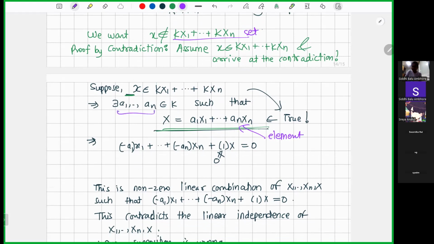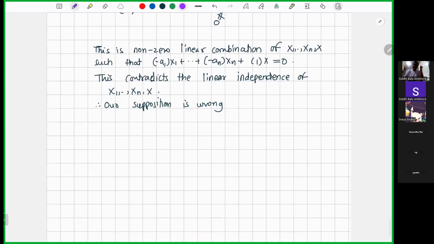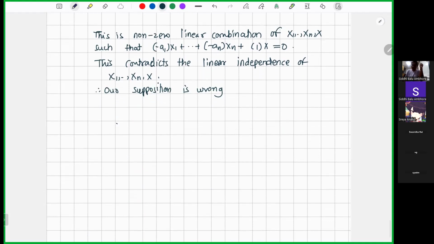When I write this, a1 to an are some elements from K. So for example, in the very first example, when I chose this (1, 1, 0) belongs to my U, we saw that it belongs to K(1, 0, 0) plus K(0, 1, 0), right?